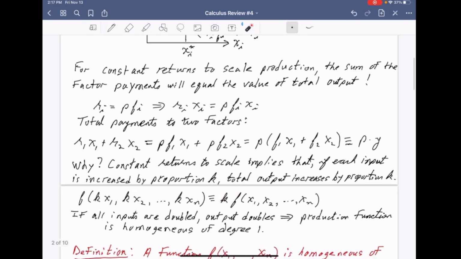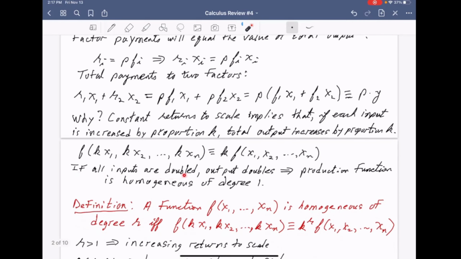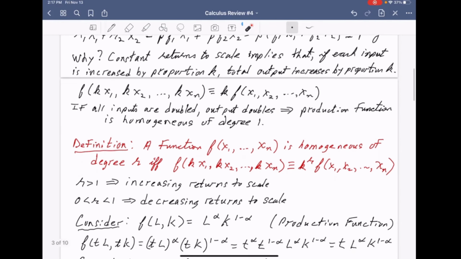So if all inputs are doubled, output doubles, and that implies that the production function is homogeneous of degree 1.